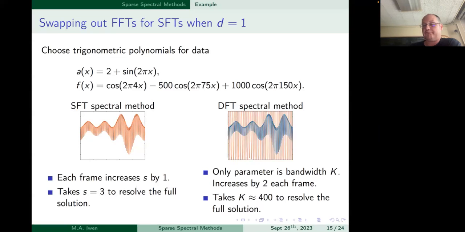Sort of clearly, if you don't know what K is and you have to increase over many, many guesses of what K is, sort of doubling your prior value, this is going to take a lot longer than this.